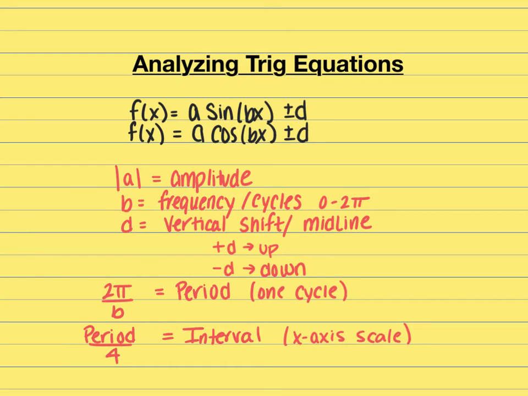This will make more sense as we graph it, but for today's lesson, I'd like to just practice: if I give you an equation, can you find all of these parts? So let's do an example. Example number 1. Let's say we have f of x equals -3 sine 2x plus 1. I'm going to ask you to calculate some things.